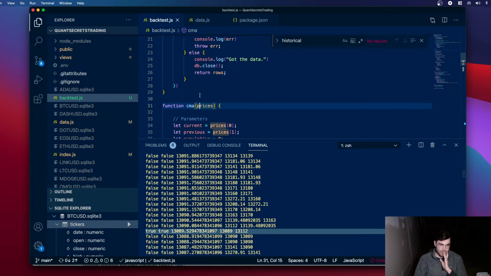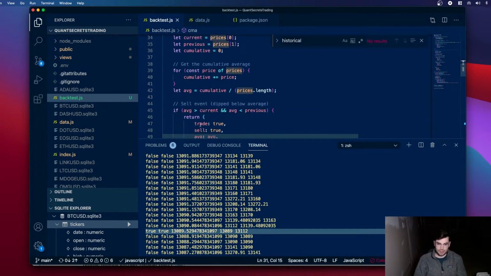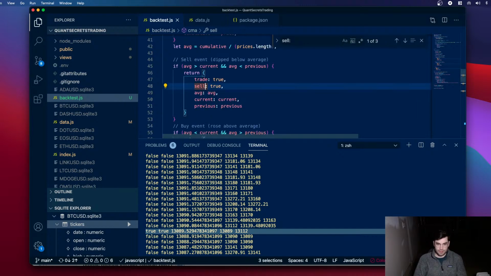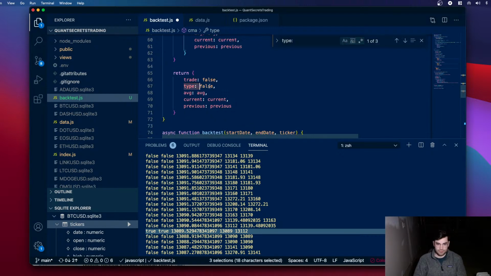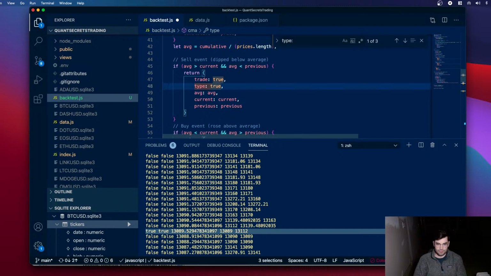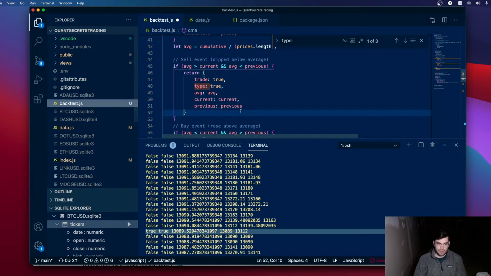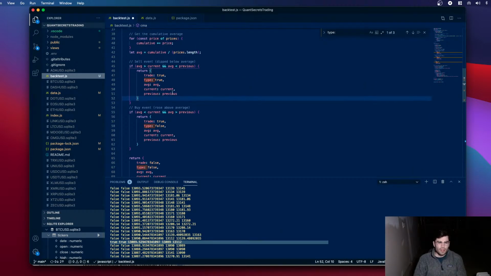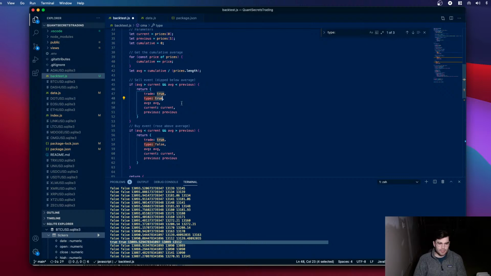And I think instead of doing a buy sell, I'll just do a type here. Call it type. I guess I'll go through all these. What did that do? So type, this was a sell, true, so this will be a sell.